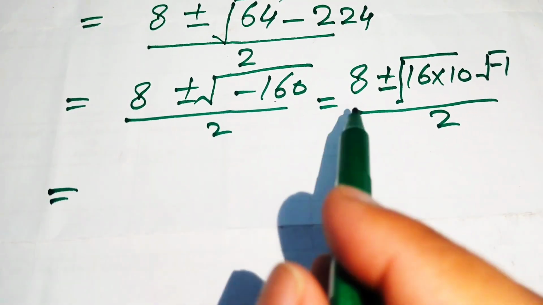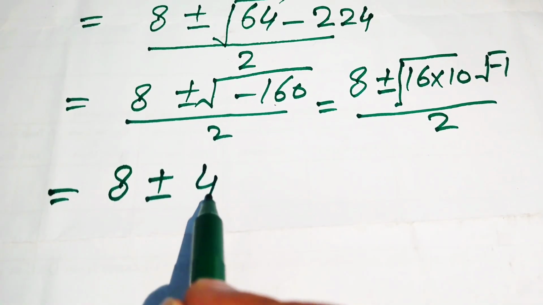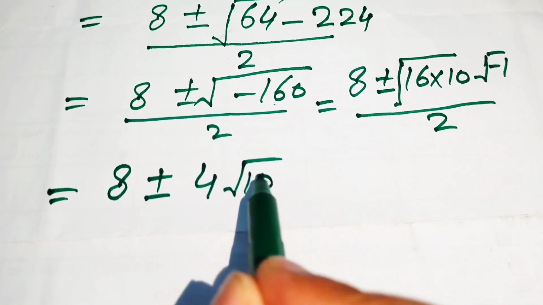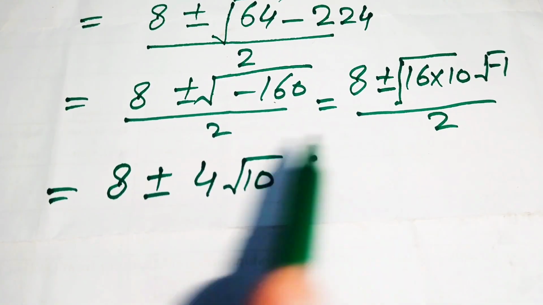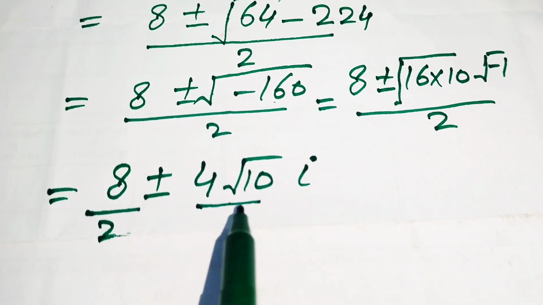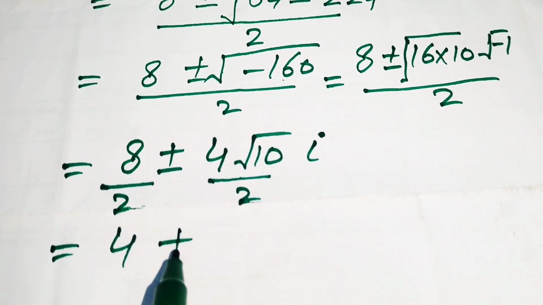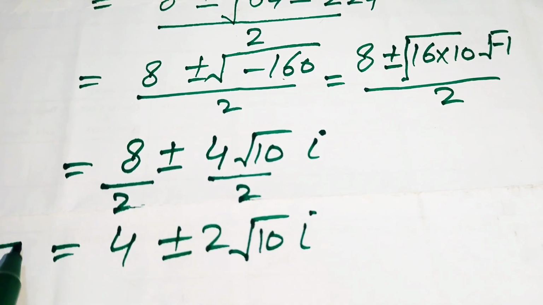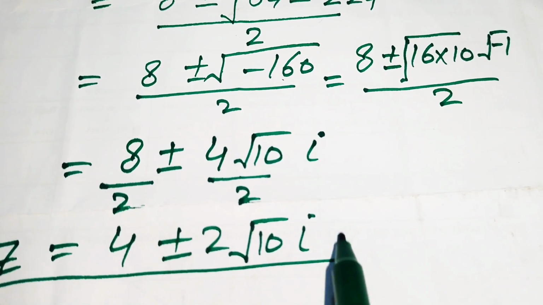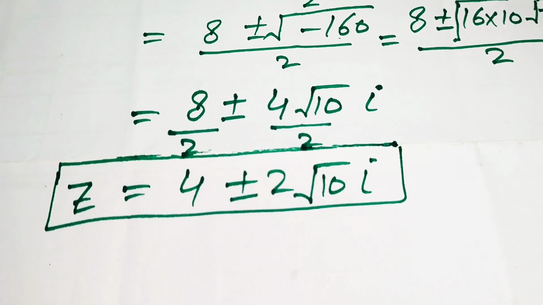So here you see that square root of 16 is equals to 4 into square root of 10, and we know that square root of minus 1 is iota, and we separate this fraction on both of these terms, and finally we will get here 4 plus minus 2 times of square root of 10 into iota. So these are the other two complex roots of the given question, and this is the final answer.